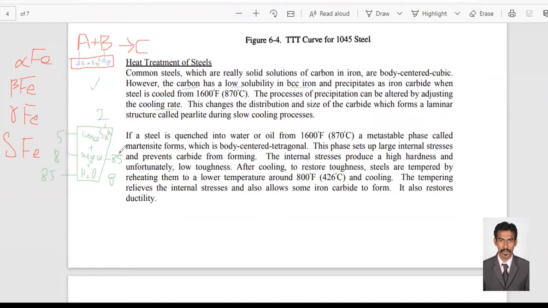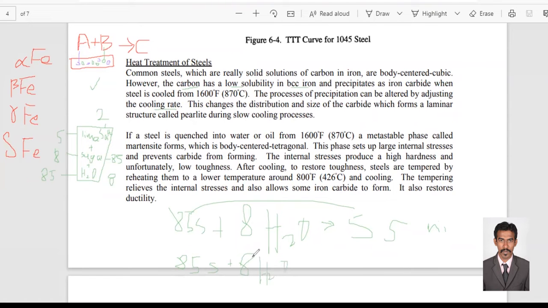Say in normal conditions, when you mix 85% sugar with 8% water, say for example your 5% sugar got mixed, right? If you heat this, if you heat the same thing, so I'm using again 85% sugar and 8% water.